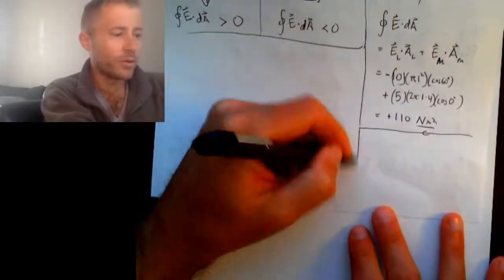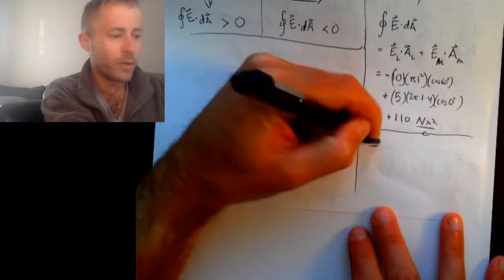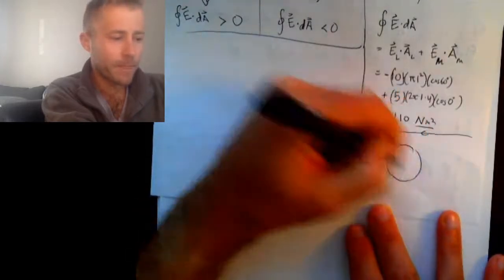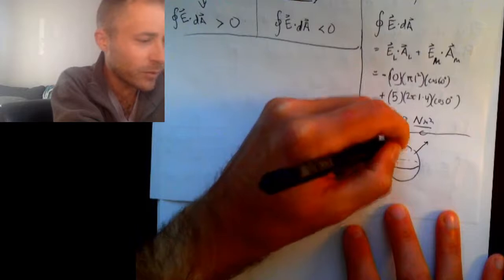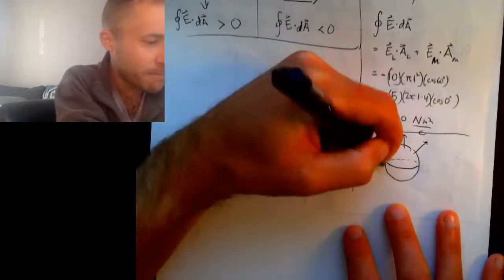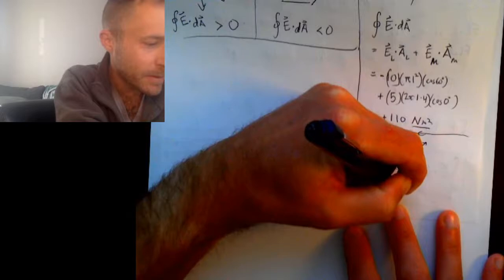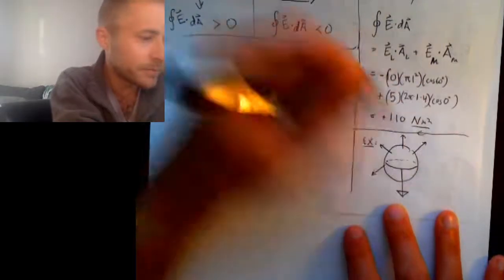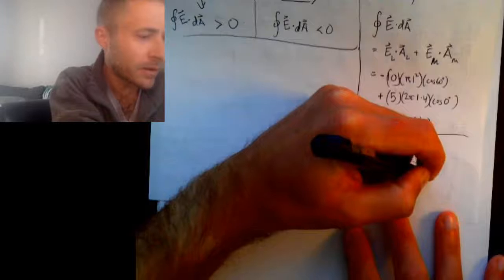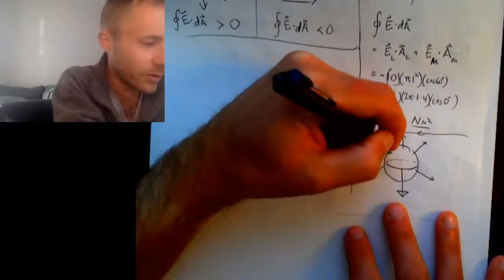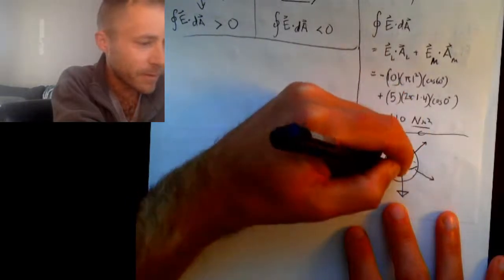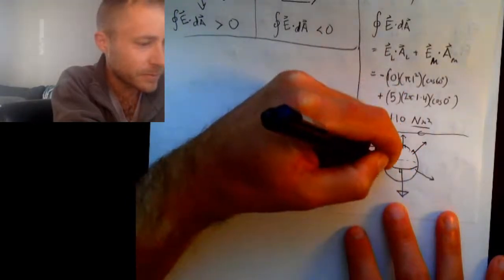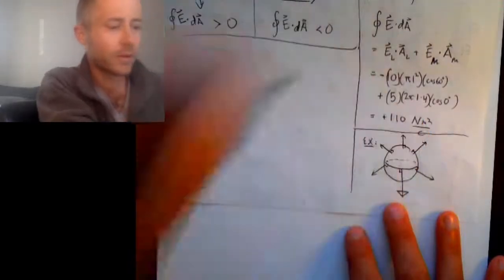Okay. Let me just do one more really brief example. What if you had a sphere, and what if the electric field everywhere points outward, away from the center of the sphere, in such a way that the electric field is always perpendicular to the surface, like that?